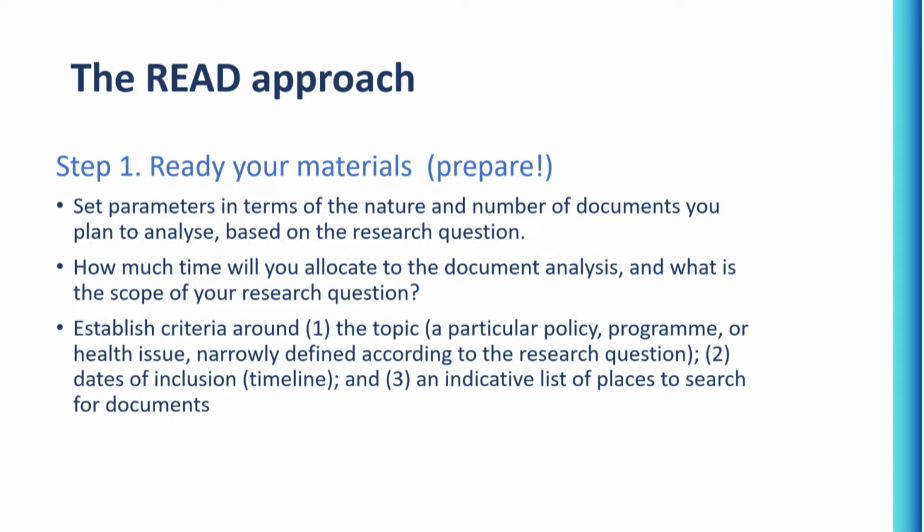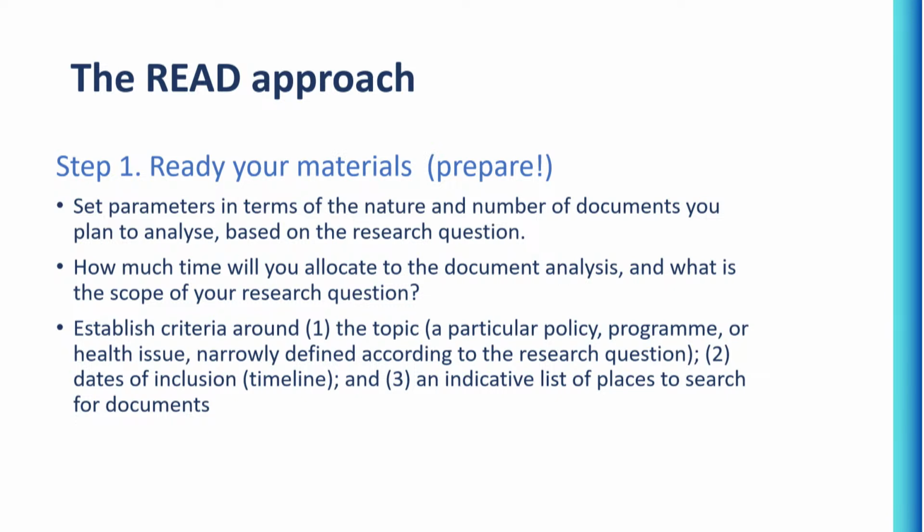Okay, so you're thinking about the time you have available, and you have to be realistic and maybe trim down the question. Because if you think, okay, my first phase, first 6 months of my project, I'm going to do some review of documents, just be clear what you want out of that document review. And then you need to establish criteria around the specific topic that you're investigating.